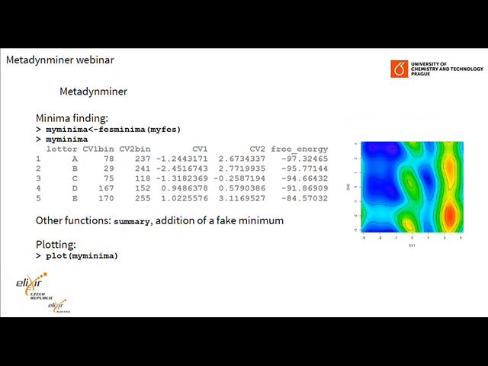You can also identify minima by the function FES minima. When we were developing this function, we wanted to make it as simple as possible, or as practical as possible. So, for example, if you have some free energy surface with a huge number of little minima, then it's not very practical to get thousands of minima.